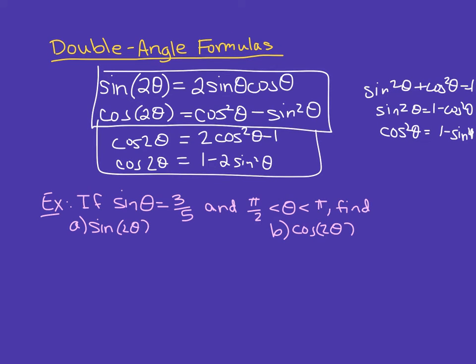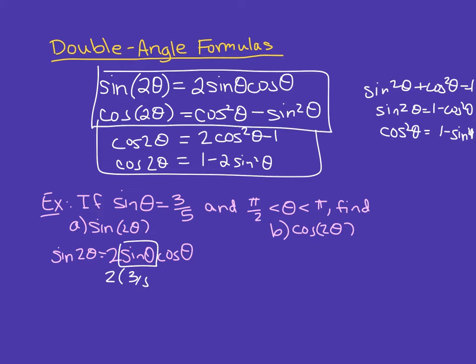The first type of problem you might see with these is one where you will be given a sine or a cosine or something else and a domain, and you're going to have to find sine of 2 theta and cosine of 2 theta. So keep in mind that sine 2 theta is equal to 2 times sine theta times cosine of theta. We already know, because we're given, that sine of theta is equal to 3/5.